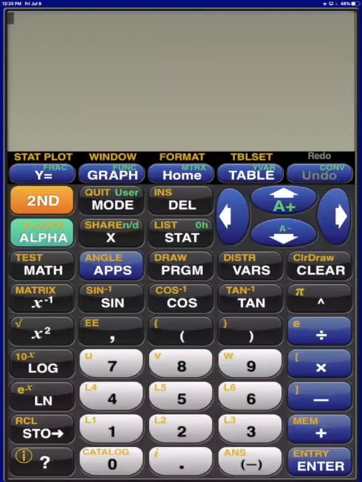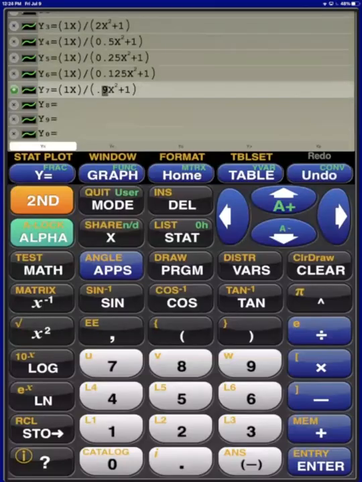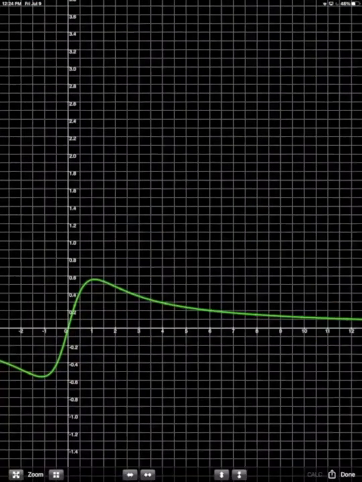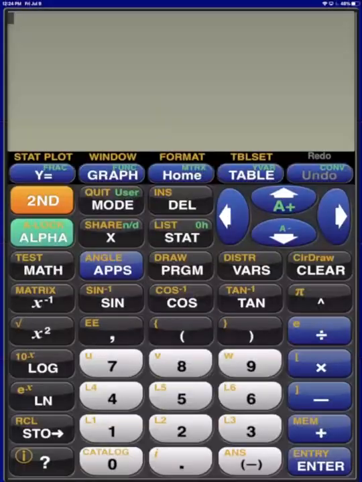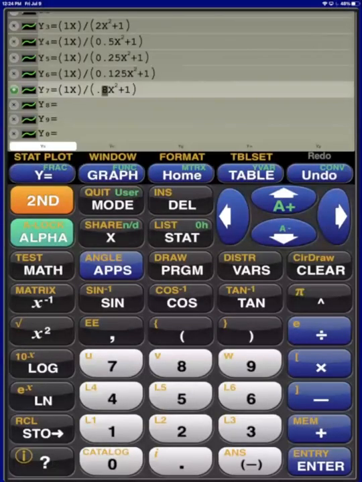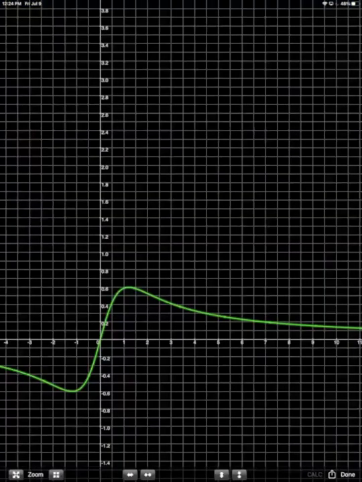So let's continue. How about we go 0.8 and graph that and see what happens. Okay, it moved a little more to the right. So let's continue doing this. About 0.7. Oh, pretty close. 1.19.